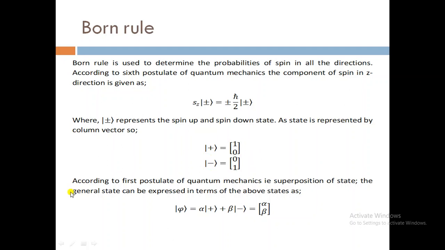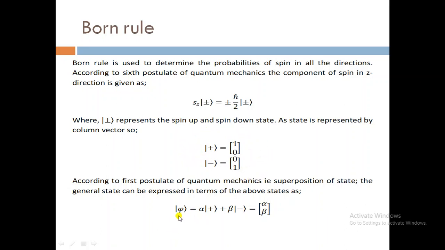According to the first postulate of quantum mechanics, as we have already discussed, it is based on the superposition of states. The general solution can be expressed in terms of the above states. If there are two possible states, then there would be another state also, which is a linear combination of these two states.